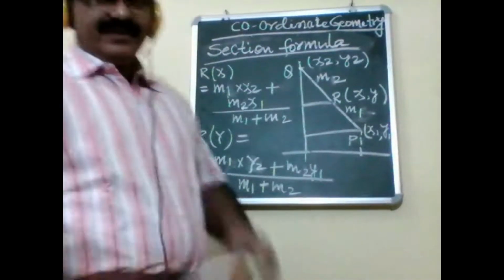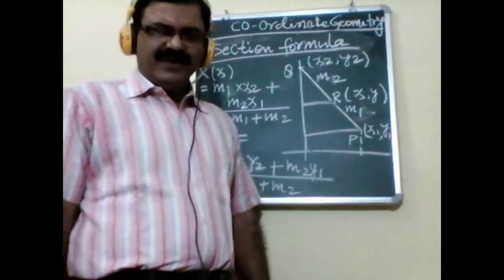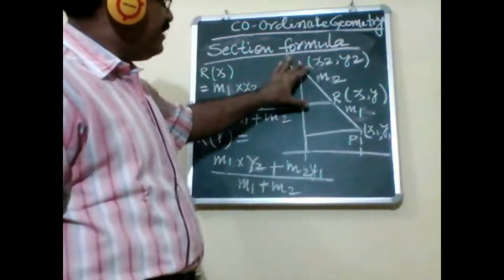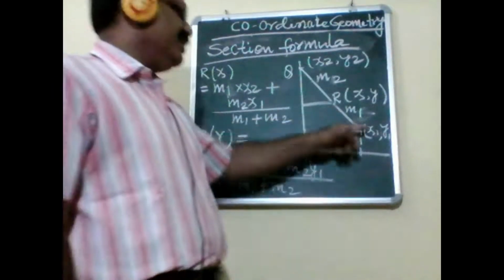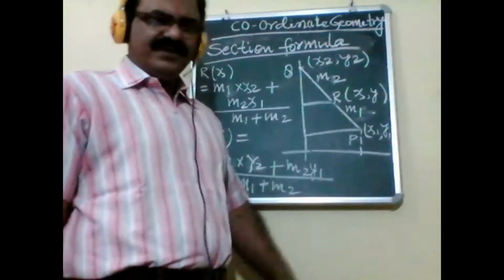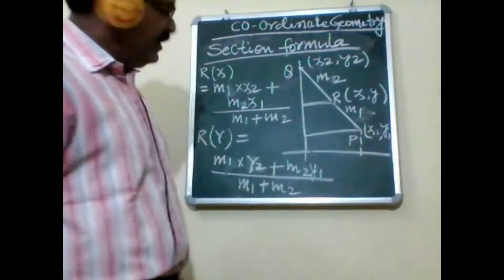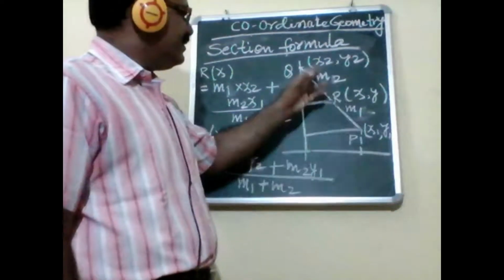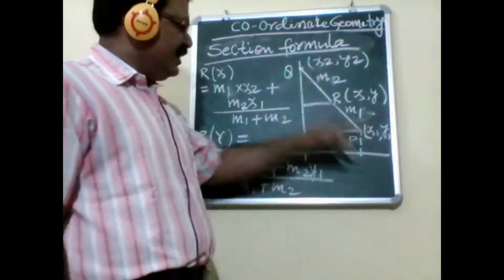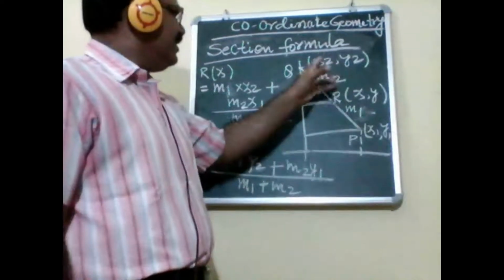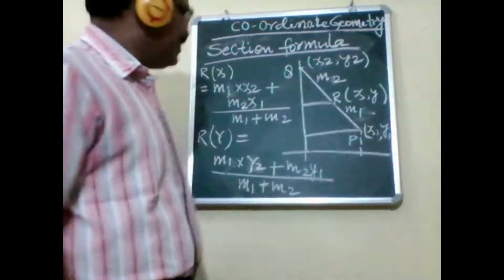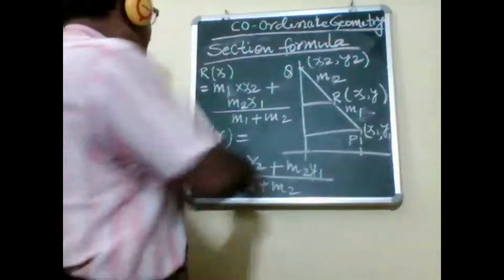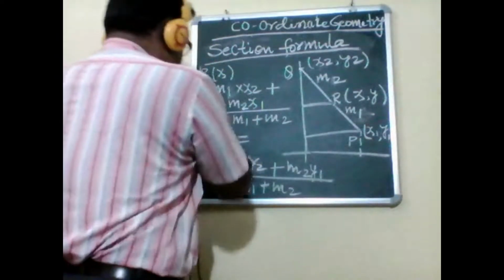It is not any problem. You can start from here or you can start from here, either or. Here are the options for you. You can start from this one, so that will be m1, and next one will be m2. Its coordinate will be x1 y1 and its coordinate will be x2 y2. So very easily we can find the coordinate of R.